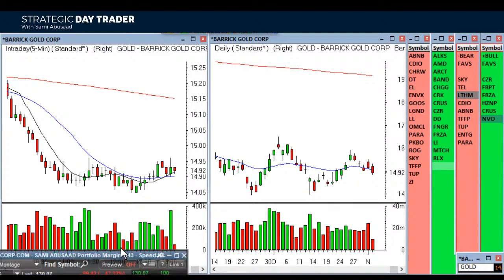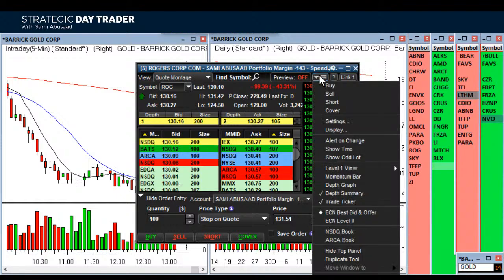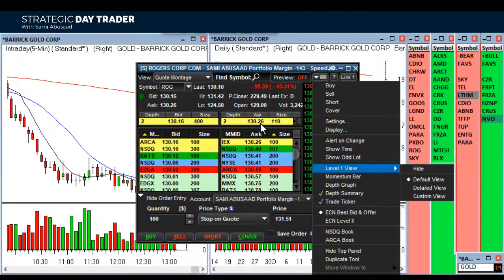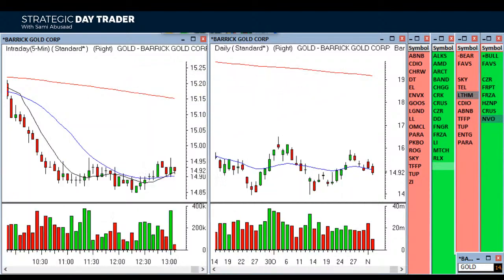E-Trade also has the totals. You just have to make sure you click on depth summary and that it's checked. Then it shows you the total at the highest bid, lowest offer. So E-Trade Pro and Sterling have it. Many other platforms do.